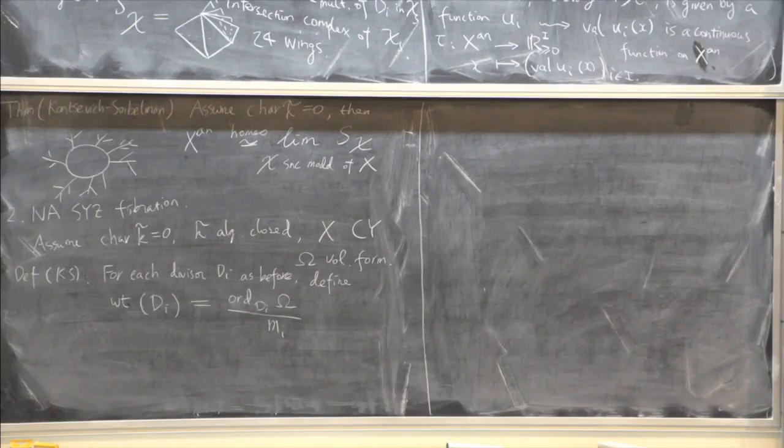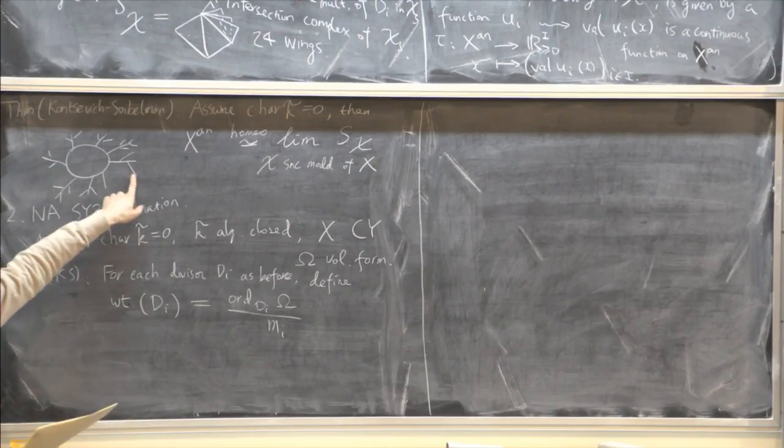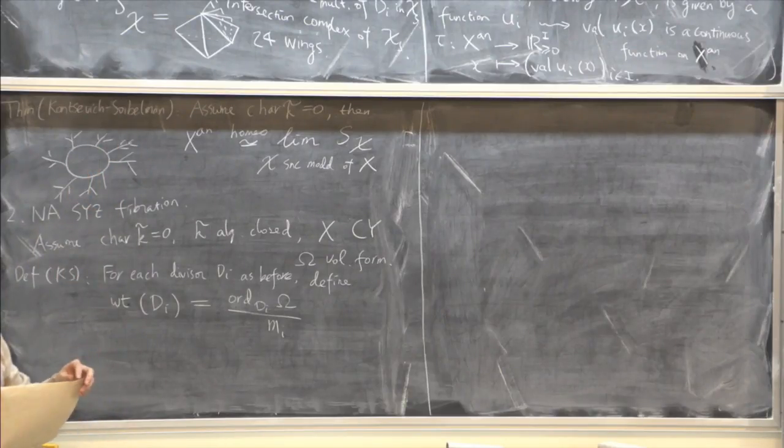No. The closed points are included only in the limit. At each finite step, you don't see any closed point. They are the ends of the tree. Yes, the ends, just points.